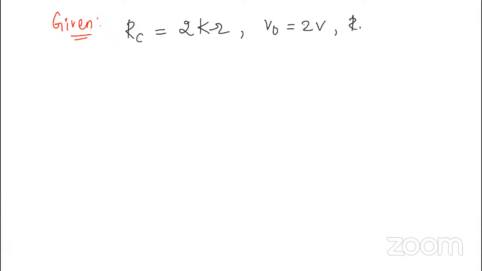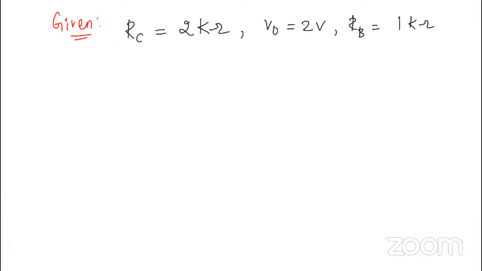So first write down the given values. என்னென்ன values கொடுத்திருக்காங்க அப்படின்றத எழுதலாம். Okay, so first it is RC, 2 kilo ohms. Then V naught, that is 2 volt. Then RB is equal to 1 kilo ohms.